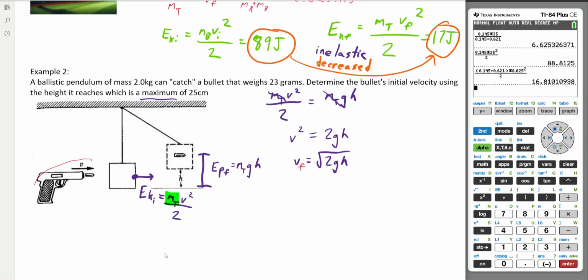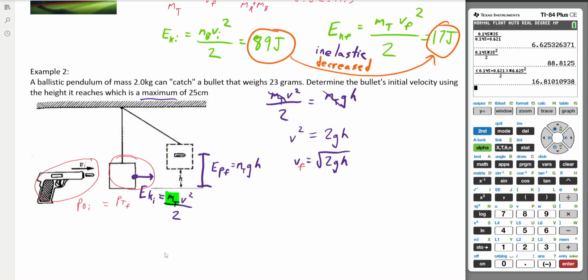Because now we can talk about this as our VI. So now we can talk about these 2 situations where you have your momentum total final, and you have your momentum bullet initial. And those 2 things have to be equal. So first you do the purple part, now you can do the red part.